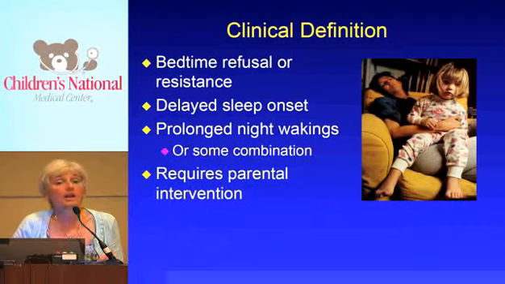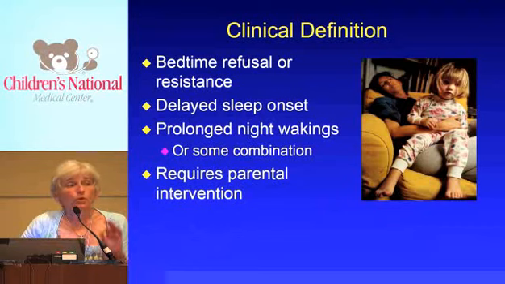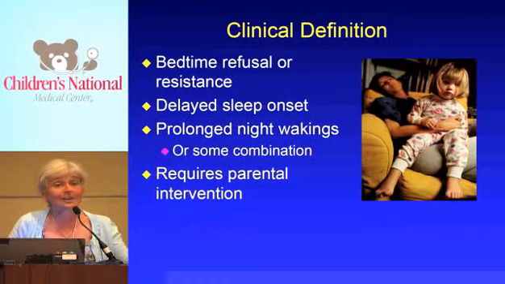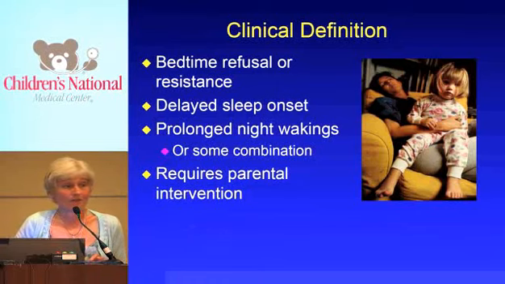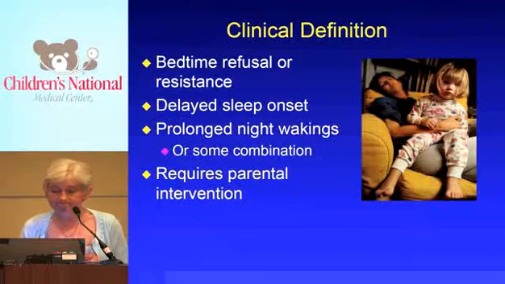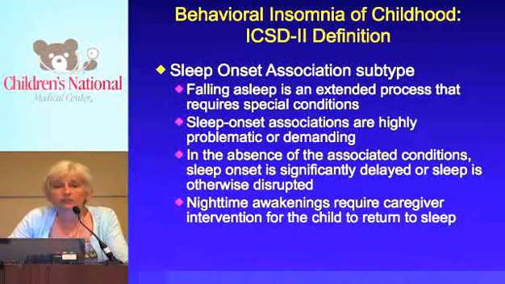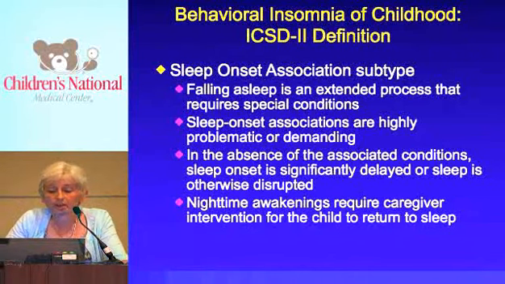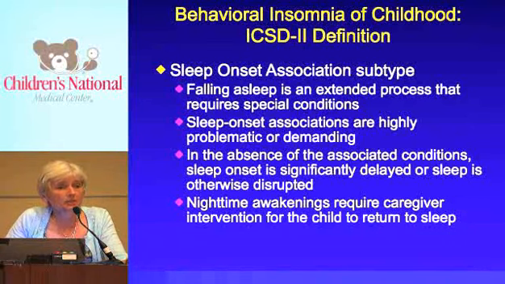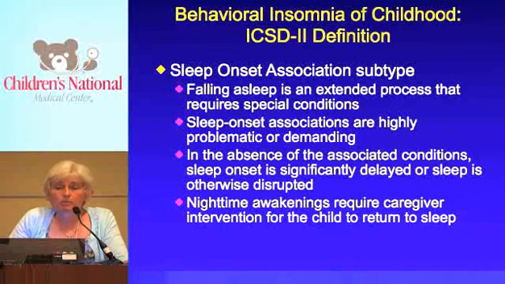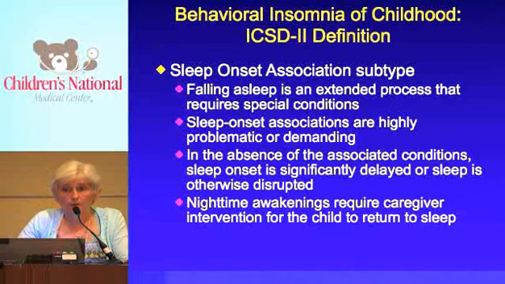And typically, these instances require some sort of parental intervention, which is what brings the family into your office with a complaint. We in the sleep world use these definitions from the International Classification of Sleep Disorders, version 2, but I think that they are useful from a primary care perspective as well.